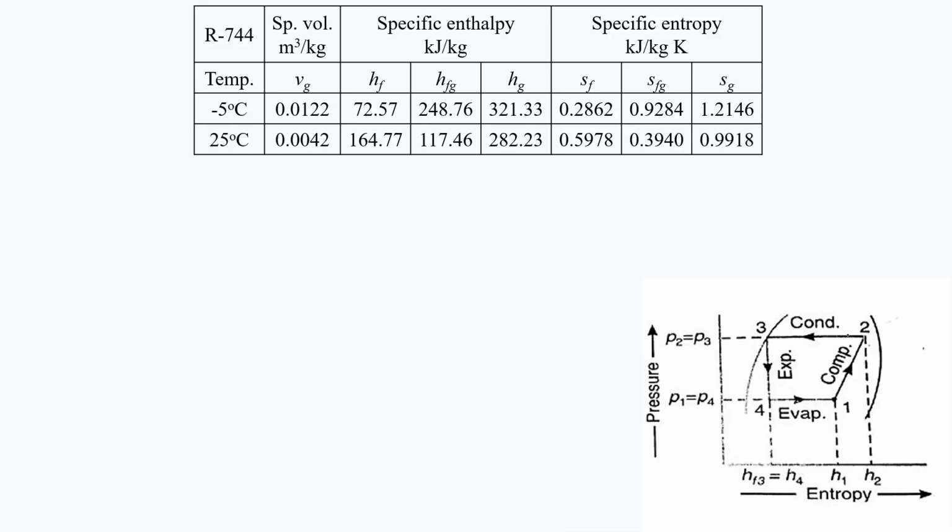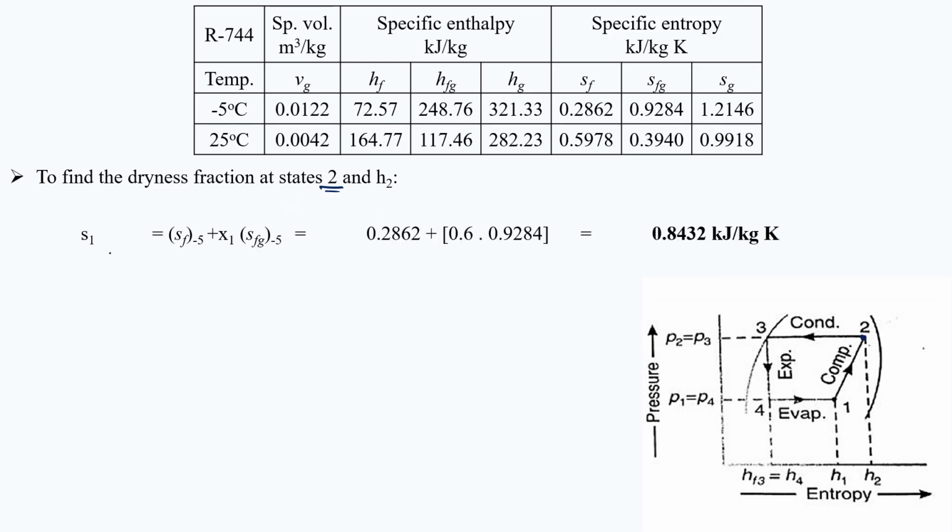Now, we need to find the enthalpy at point 2. For that, we need to find the dryness fraction at 2, that is x2, and then find the enthalpy H2 using the respective formula. First, the entropy S1 can be found from the entropy of fluid at -5 degrees Celsius, that is 0.2862, plus x1, the dryness fraction 0.6, into the entropy difference of gas and vapor, Sfg at -5 degrees Celsius, which is 0.9824.